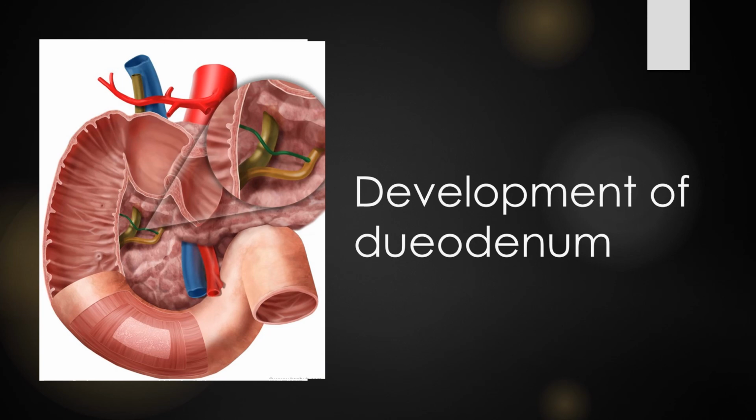During the 8th week of development, the lumen of the duodenum is obliterated by endodermal cells. But after the end of the 3rd month, usually recanalization occurs, so that the duodenum opens. If recanalization does not occur, it leads to a condition called duodenal atresia.